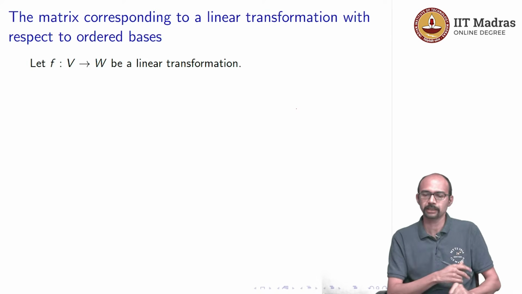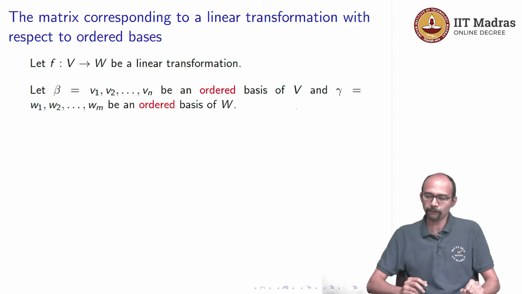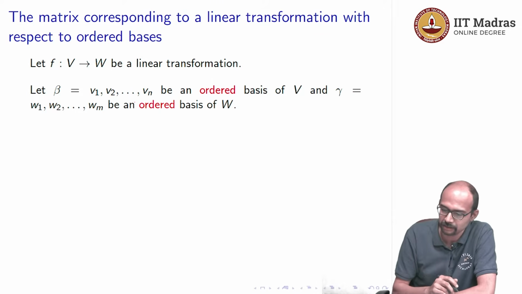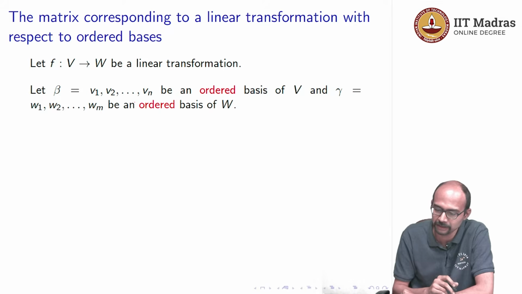Okay. So, we can make this more general. So, let f from v to w be a linear transformation. Suppose we have ordered bases for v and w. So, v 1 v 2 v n, which we are calling beta, is an ordered basis for v. So, what do we mean by ordered basis? We mean that v 1 is indeed the first vector, v 2 is indeed the second vector.